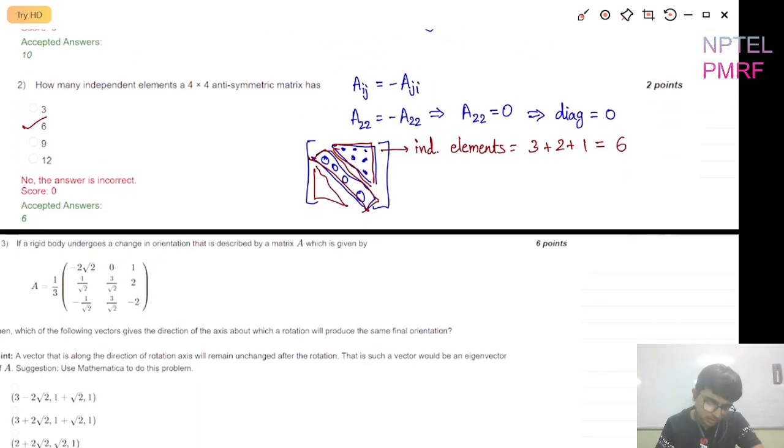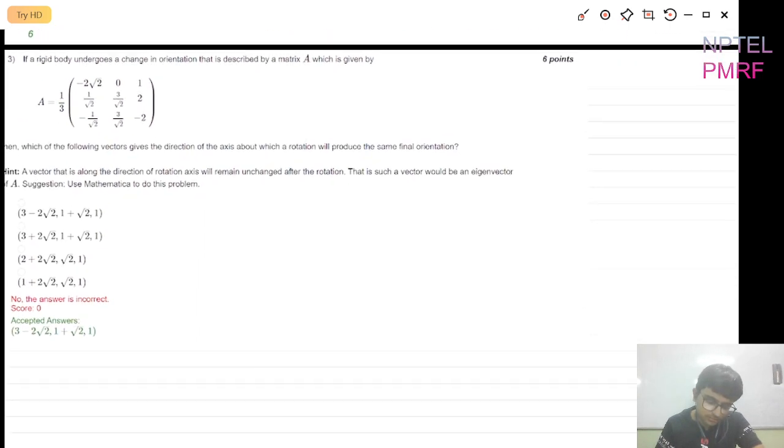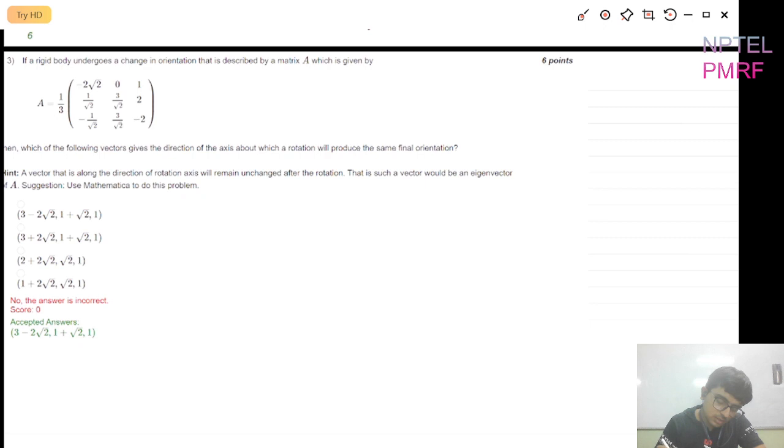Okay, good. And the last one is where a matrix is given. A rigid body undergoes a change in orientation that is given by a matrix. So this is a matrix of rotation which we learnt about last week, right? The question is, which of the following vectors gives the direction of the axis about which the rotation will produce the same orientation?